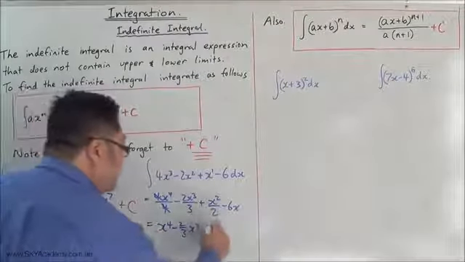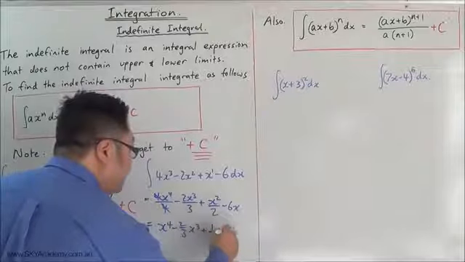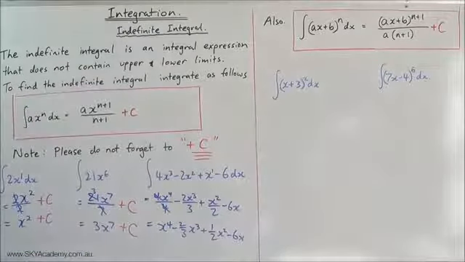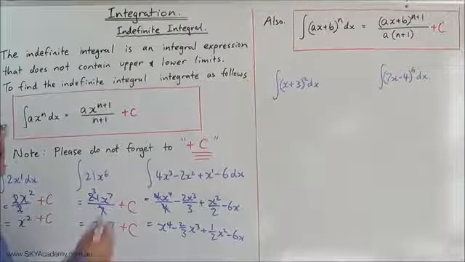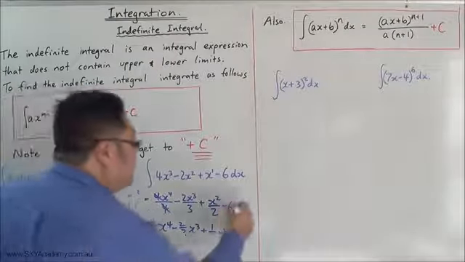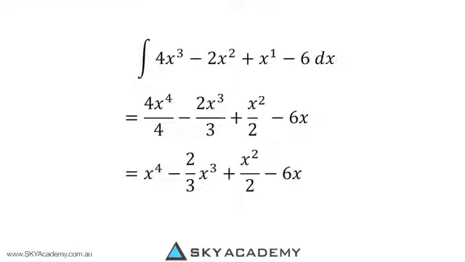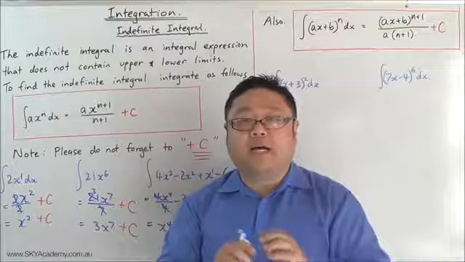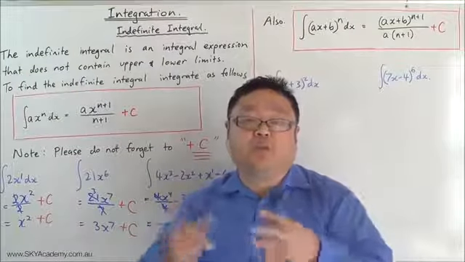So let's make it a half x squared minus 6x. Now, we've got to remember, I've got the red pen out already, to plus c.